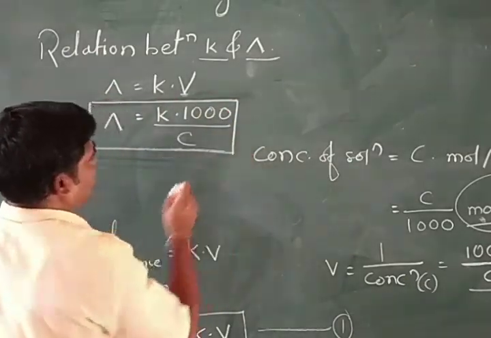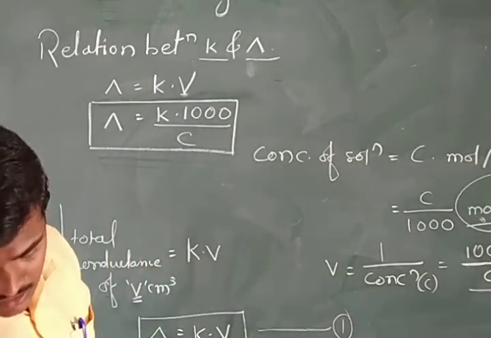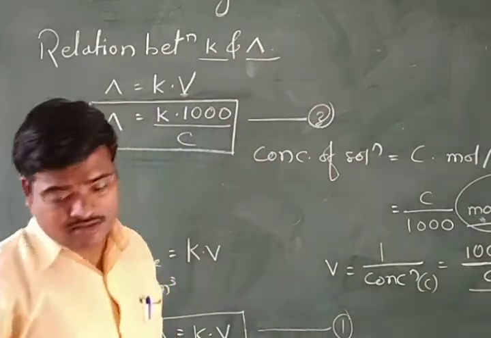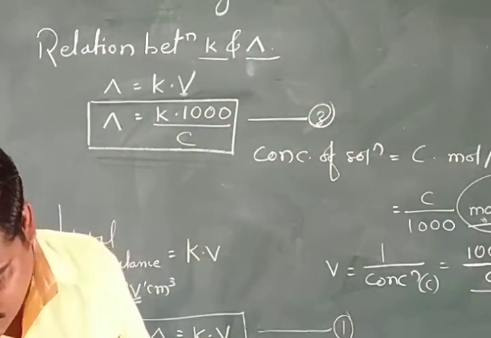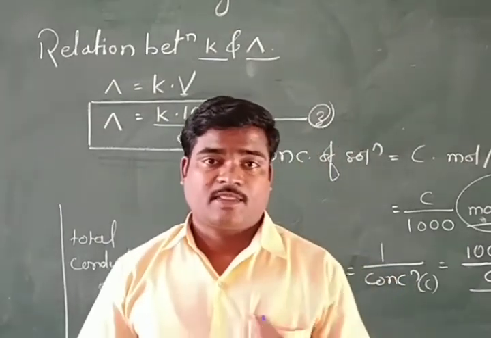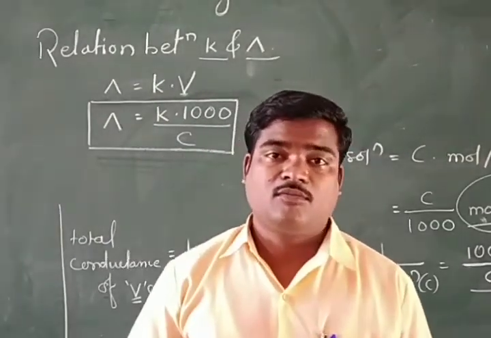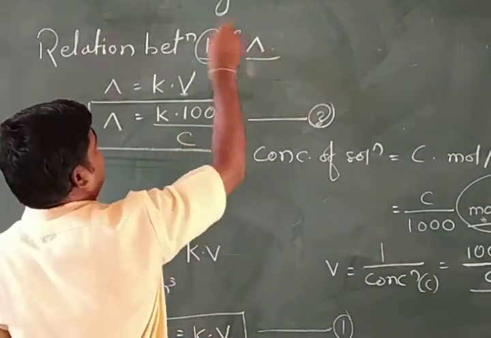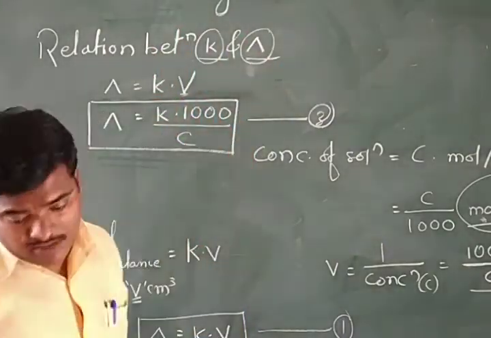This is the final equation that we have got. I am calling it equation number 3. This is the final equation for the relation between conductivity and molar conductivity, that is, the relation between K and lambda.